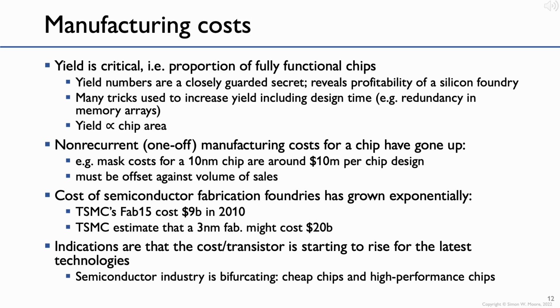So one thing that's happened is that it really only makes sense to fabricate a chip if you're going to use it many times over. And actually you can see this perhaps more strongly in an industry, say like cameras.